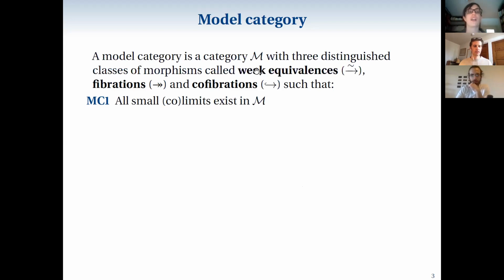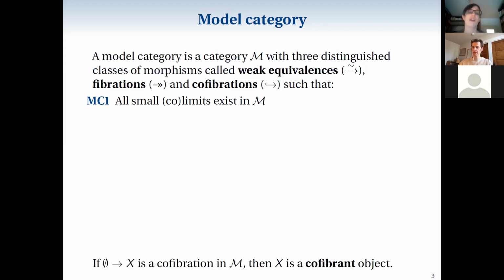The first one is that all small limits and colimits exist. Basically, it means that all the pushouts, all the pullbacks, all the products and coproducts exist in my category. So I'm comfortable with constructing many of the operations that we usually want to have.